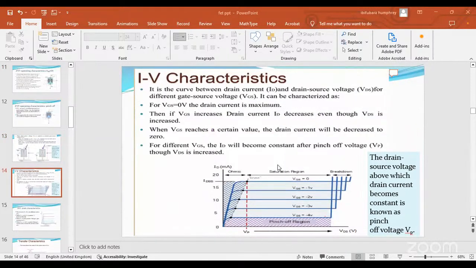I plot a characteristic graph, like I explained to you during the study of BJT. The IV characteristic is basically the current and the voltage, while one of the voltages remains constant. So in this case, we keep VGS constant, we vary VDS and get different values of I.